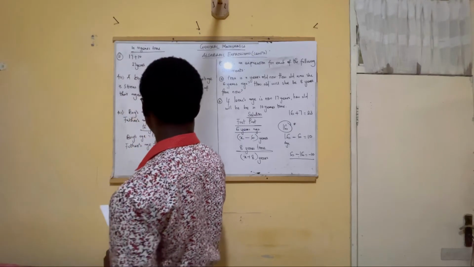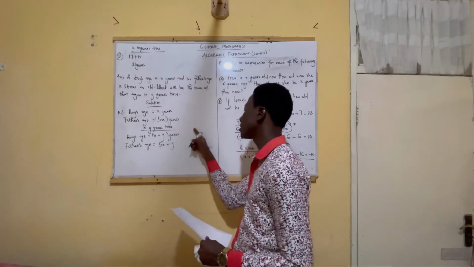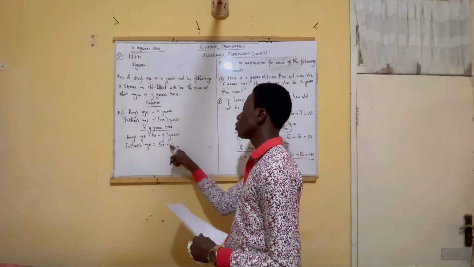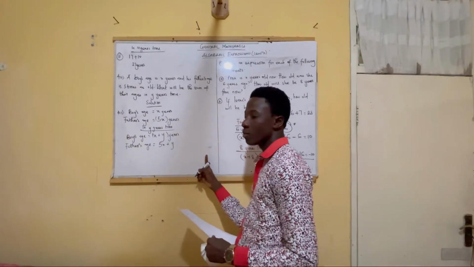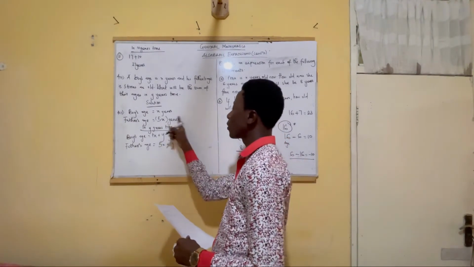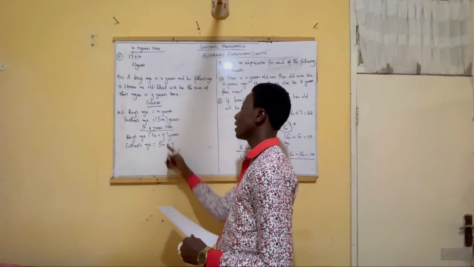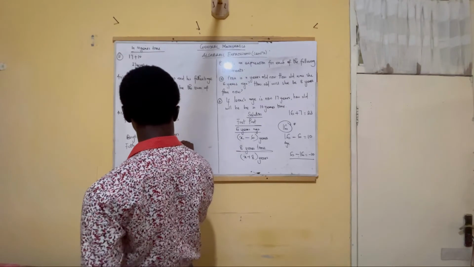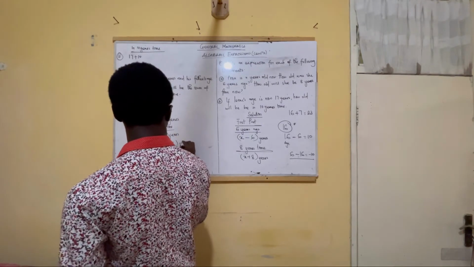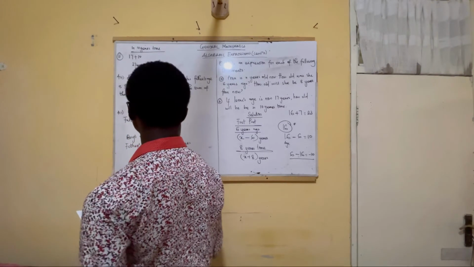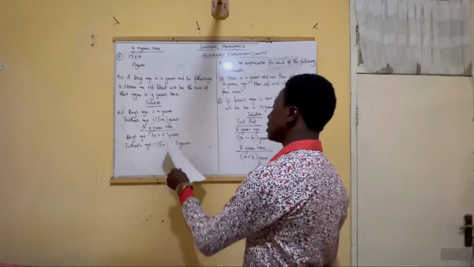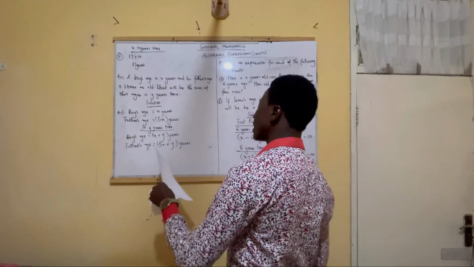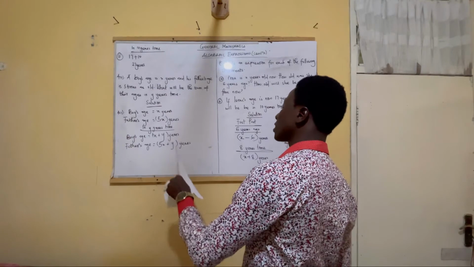Assuming the father was 9 years, and I asked you to find his age in 3 years' time, is it not going to be 9 plus 3? And so it's 5x plus y. So in 1 year's time, the boy's age is x plus y, and his dad's age is 5x plus y.